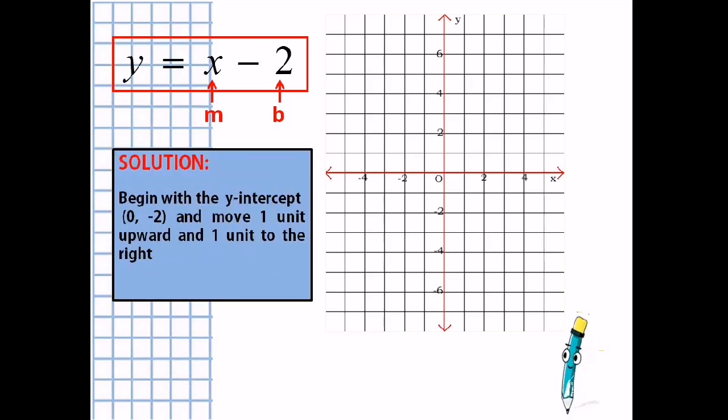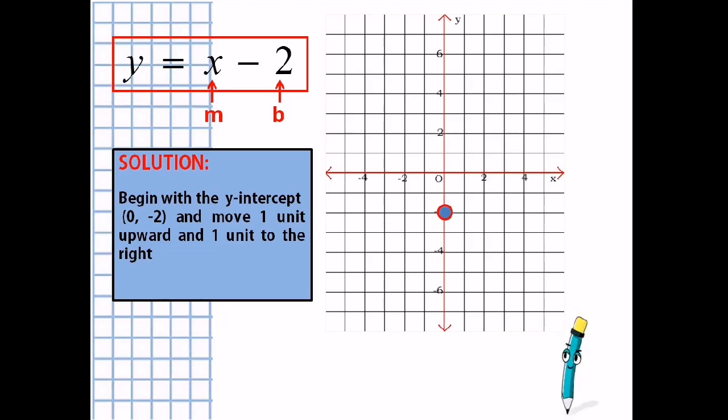So our solution: begin with the y-intercept 0, negative 2, and move 1 unit upward and 1 unit to the right. So you have 0, negative 2. It lies on the vertical axis. That will be your b, begin, y-intercept, that is negative 2.